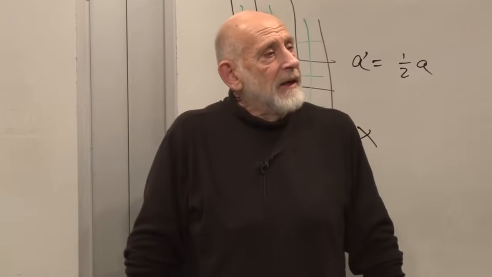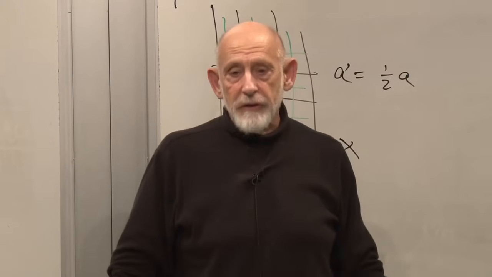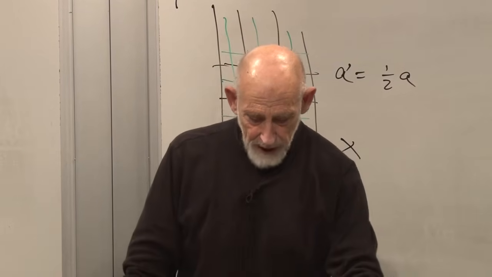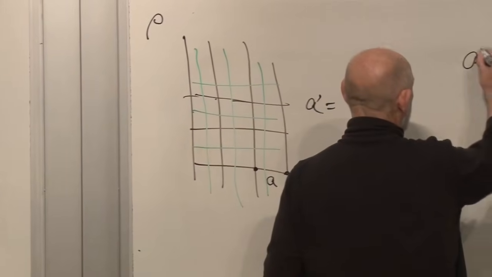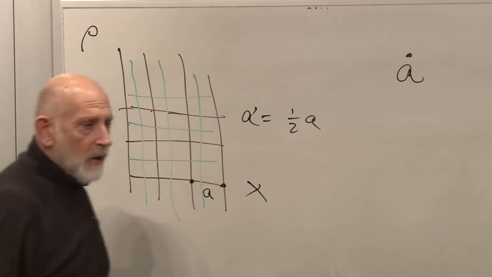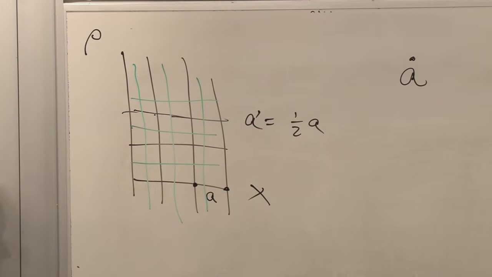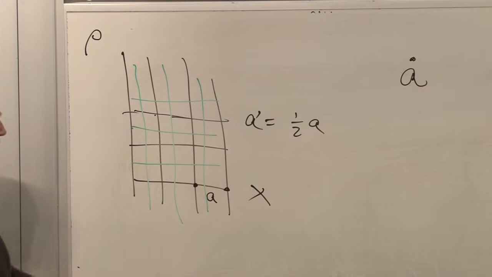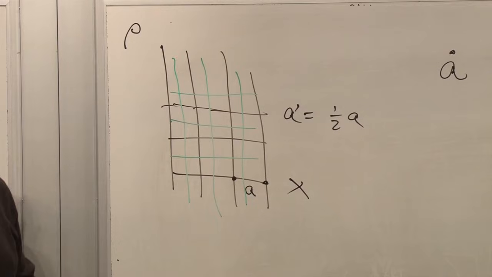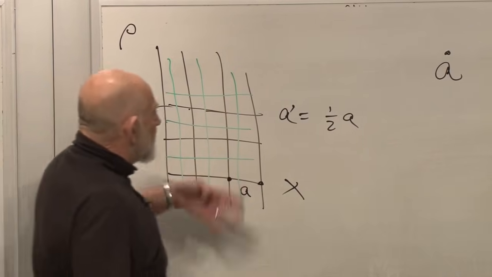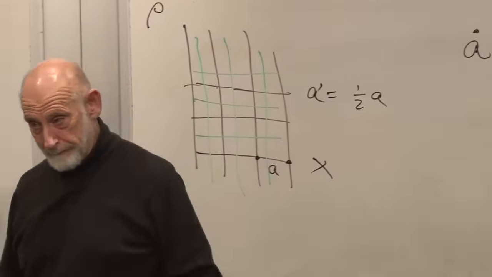And that's why our equations tend to only involve ratios of things with A. Let me give you an example. Let's take A dot, the time derivative of A. Well, that will depend on whether I use the black grid or the black-green grid. Every A associated with the black grid is twice as big as every A associated with the black-green grid. And if every A is twice as big, A dot, the time derivative, will also be twice as big.